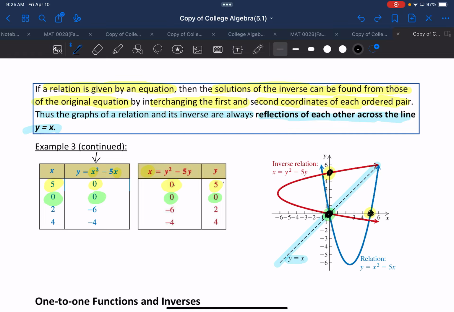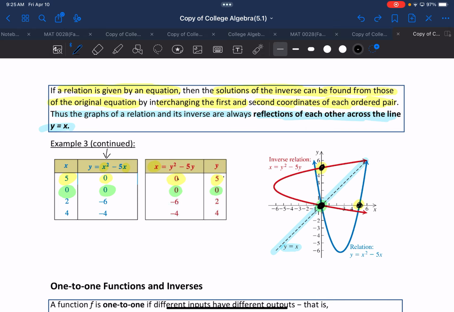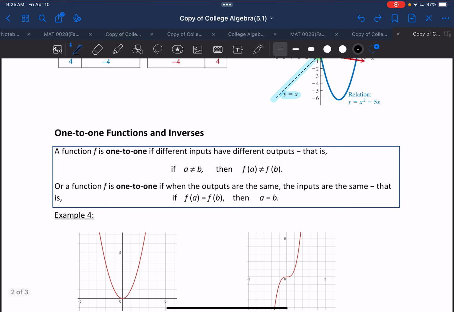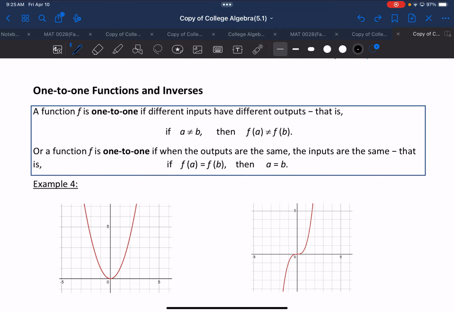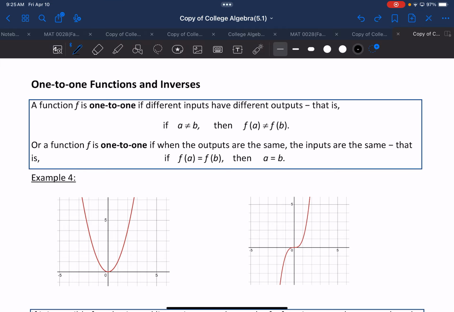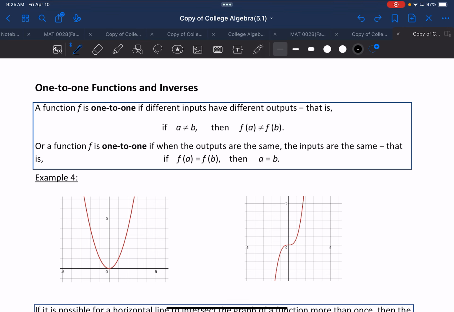So this is a case where the first function has an inverse that's not a function. Okay, which is fine, it's possible. But when we talk about inverses that are functions, then we need to know a property about the original relation, which is that they will be one-to-one functions.